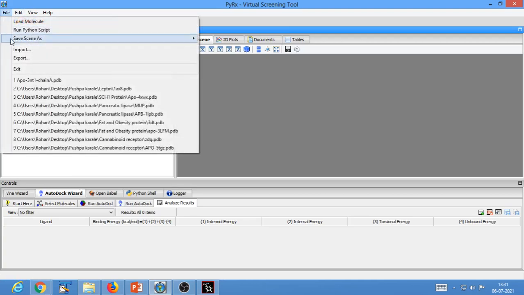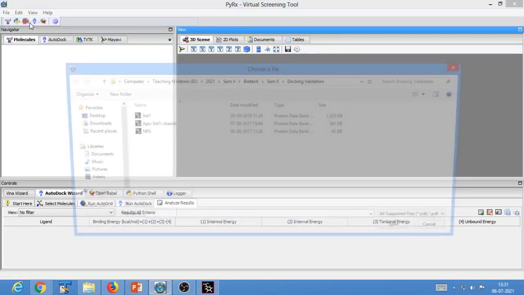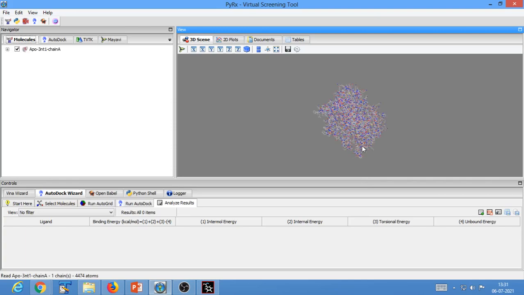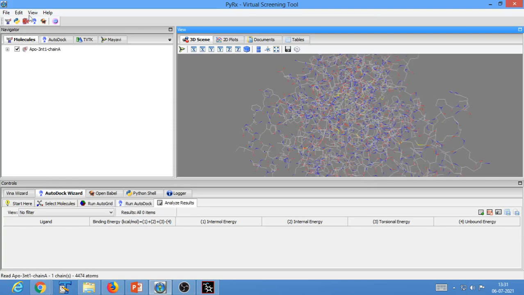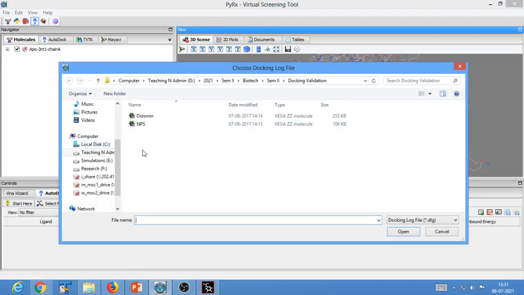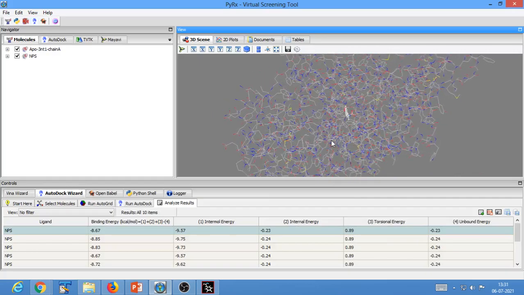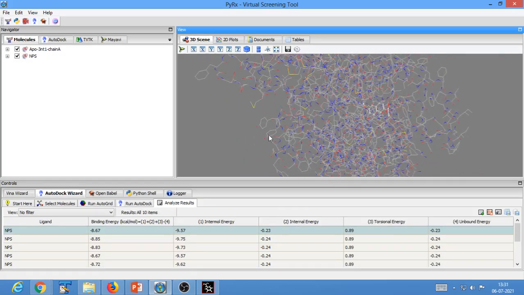Now let me load this apoform of your COX molecule. Now I will load the results that I obtained after redocking the separated inhibitor back into the active site of your target protein.